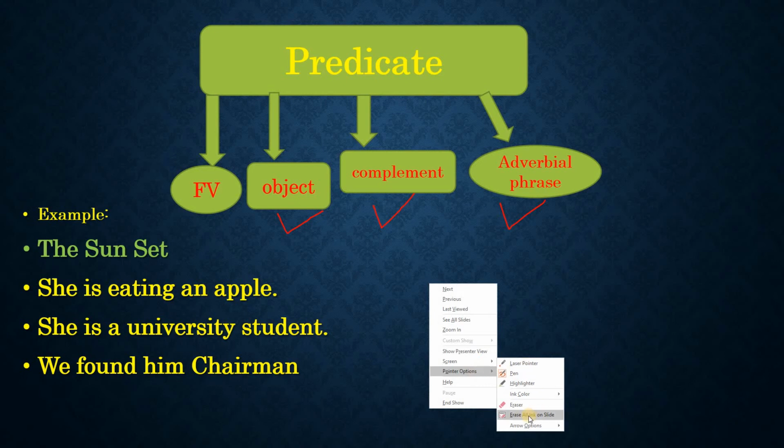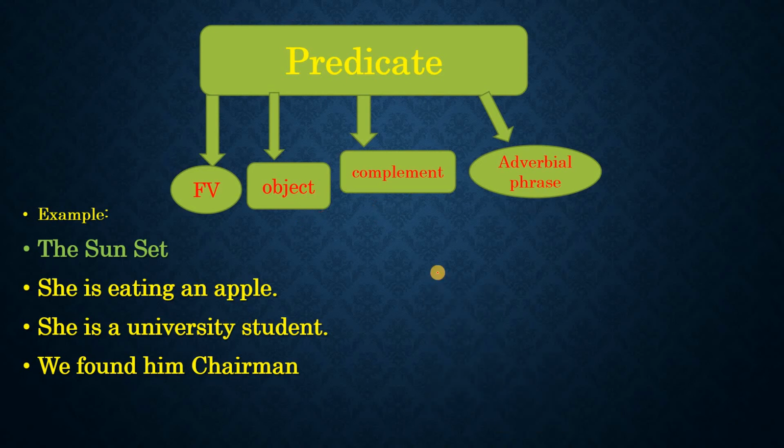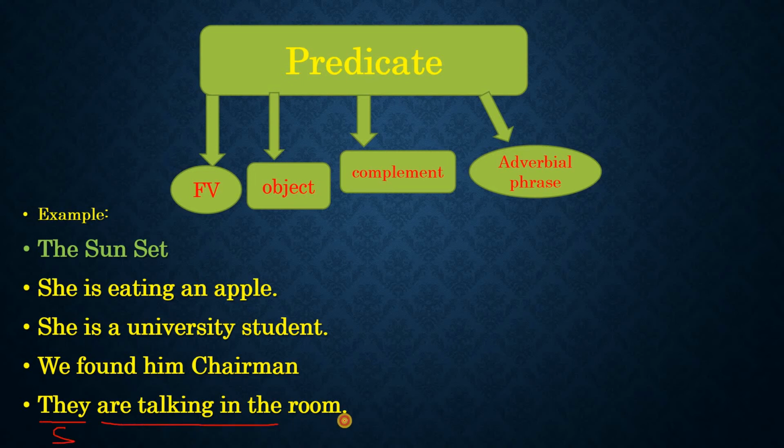Let's see another example. They are talking in the room. Dear students, they, subject; are talking in the room, predicate; are talking, finite verb. In the room, it is an adverbial phrase.